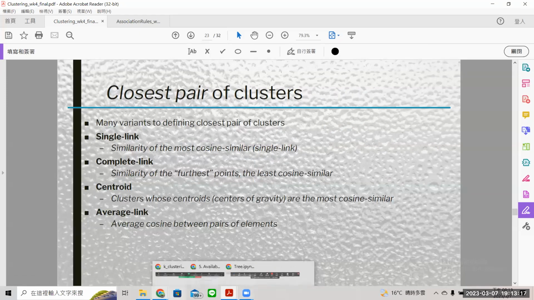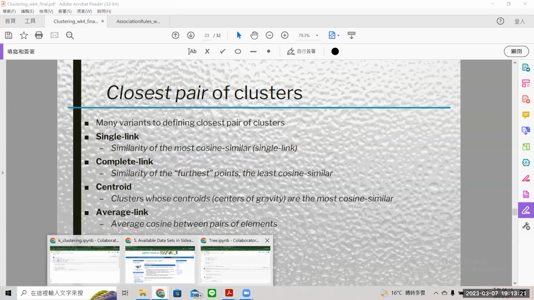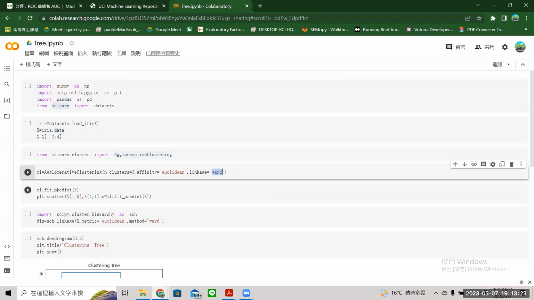And we go back here. After that, please fit the model.